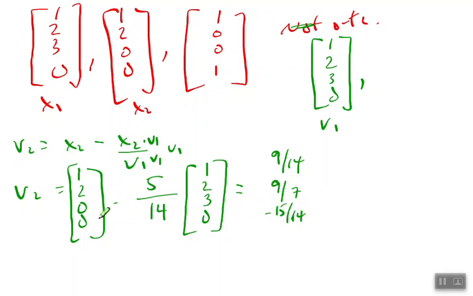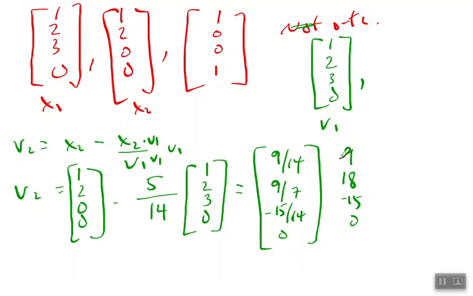It's getting ugly, but it's okay. And the fourth one is going to be 0 minus 0. Oh, good, right? So the second vector, I'm going to scale it by 14. It's going to give me 9, 18, negative 15, and 0.